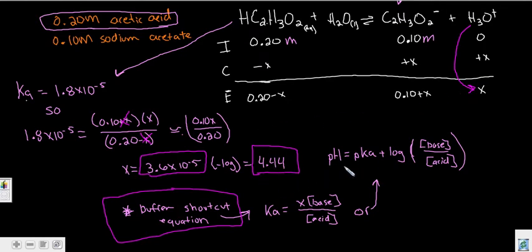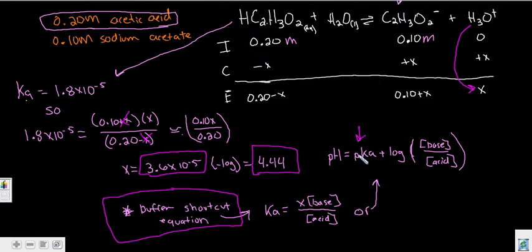Here's another sort of logarithmic shortcut. You could solve for the pH all in one fell swoop in your calculator if you'd like. The pH equals the pKa plus the log of the molarity of the base divided by the molarity of the acid. You might be asking, what is pKa? Well, it's just like pH. It's a logarithmic function of Ka.